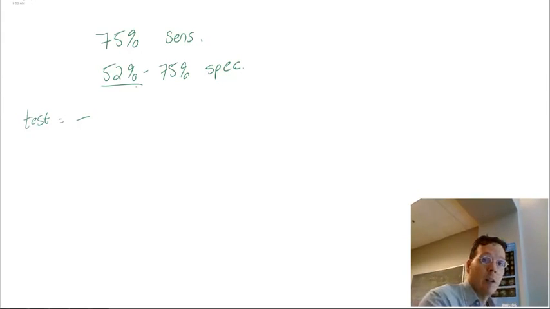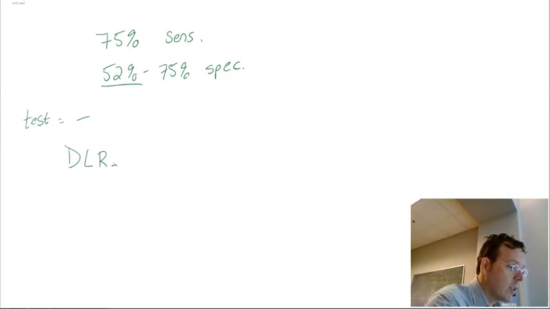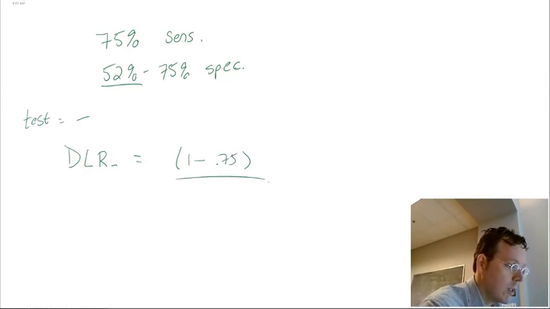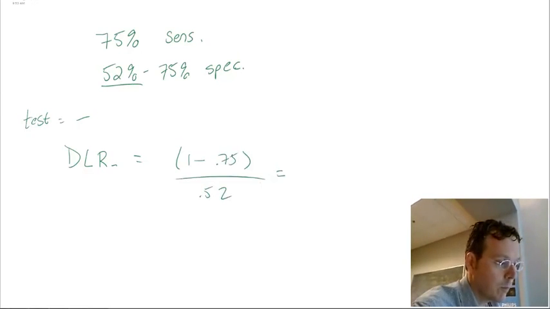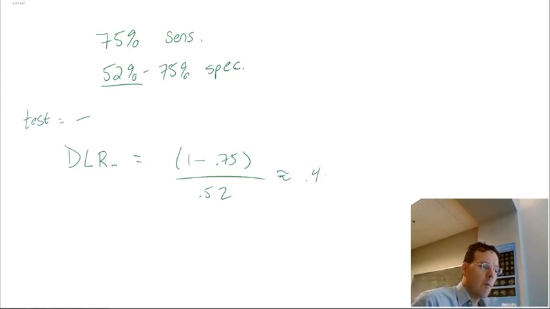And that is the DLR minus, the negative diagnostic likelihood ratio. So that's exactly equal to 1 minus the sensitivity, 0.75, divided by the specificity, which is 0.52, which is equal to, well, let's just say about 0.48.